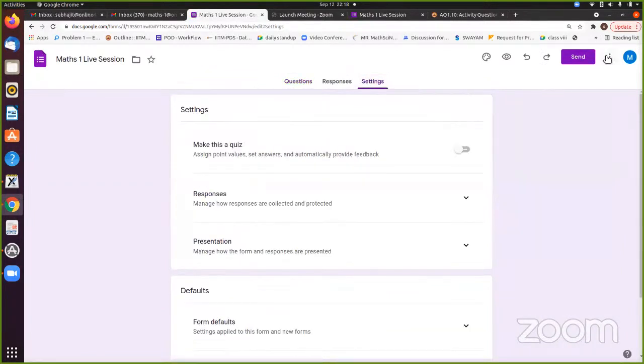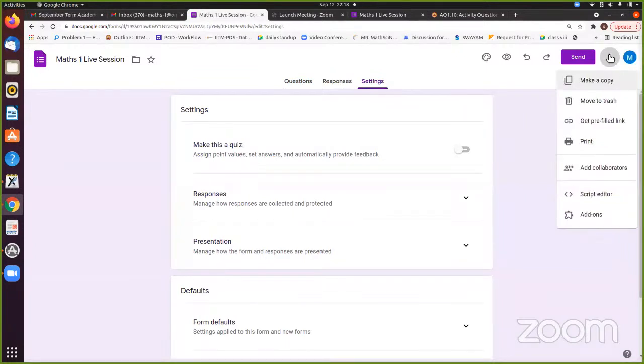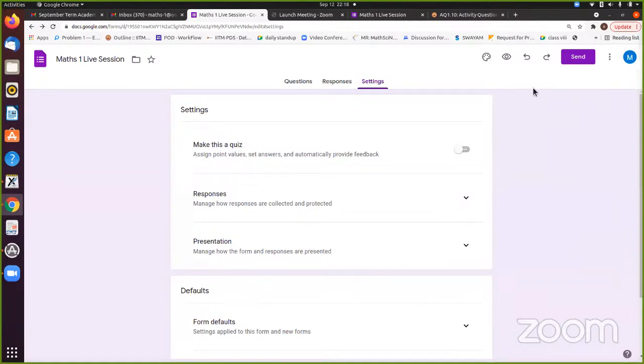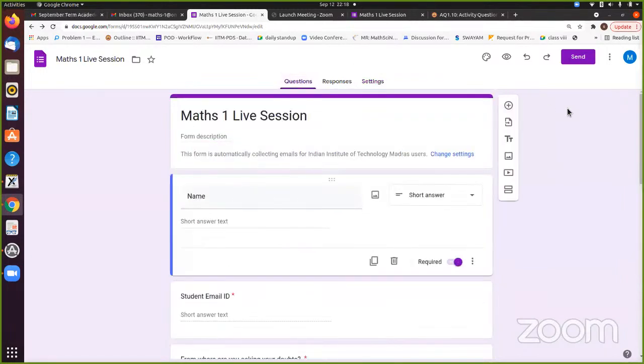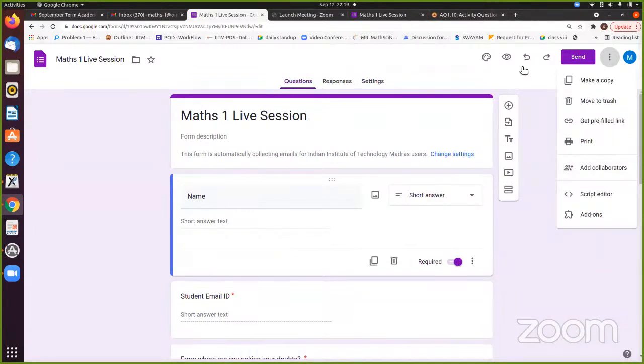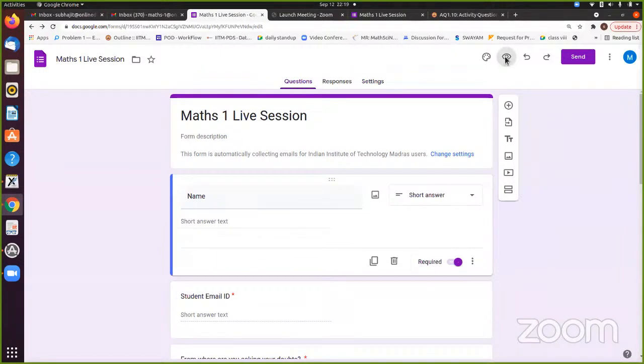What should I do here? It should be in the settings, second option.